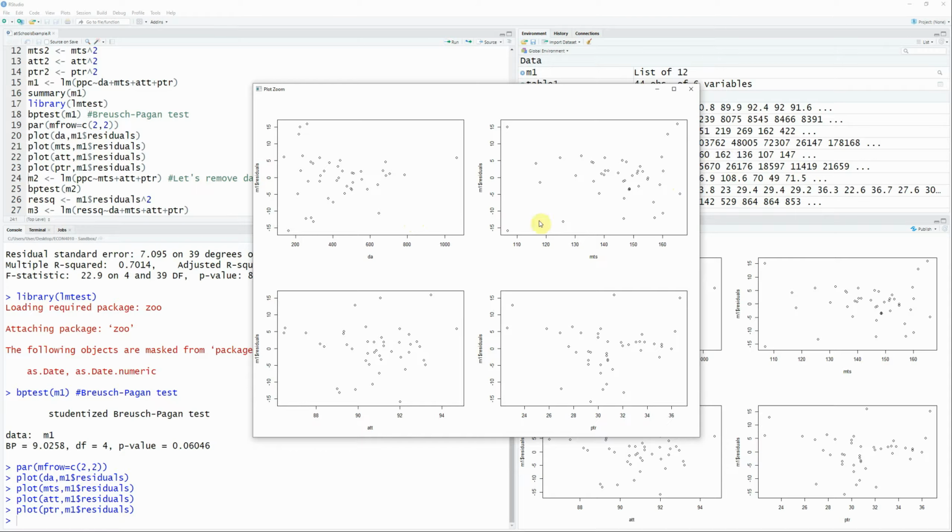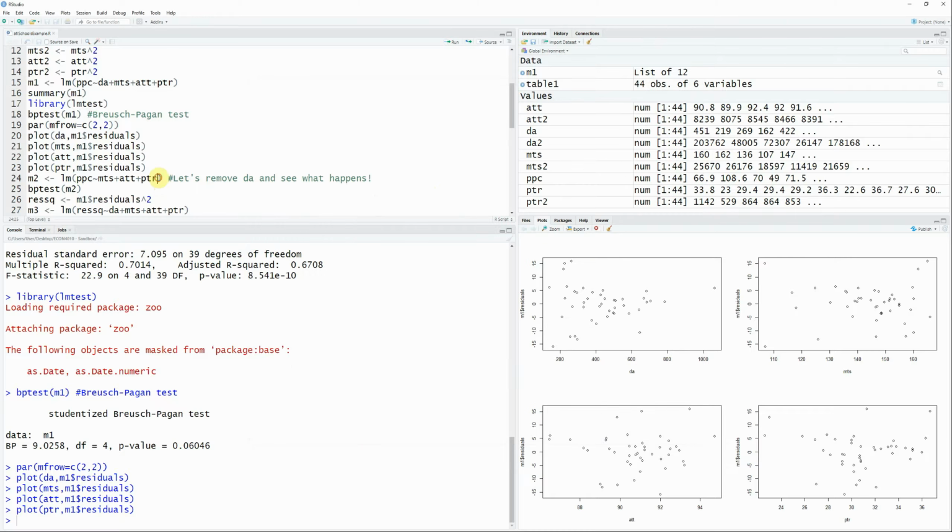And that's kind of the case for all of them, but for the case of DA, it's way more. For the other right-hand side variables the spread is way closer across lower or higher values. But when it comes to DA, I have higher variance in the lower amounts of it, and very, very small variance in the higher amounts of DA.